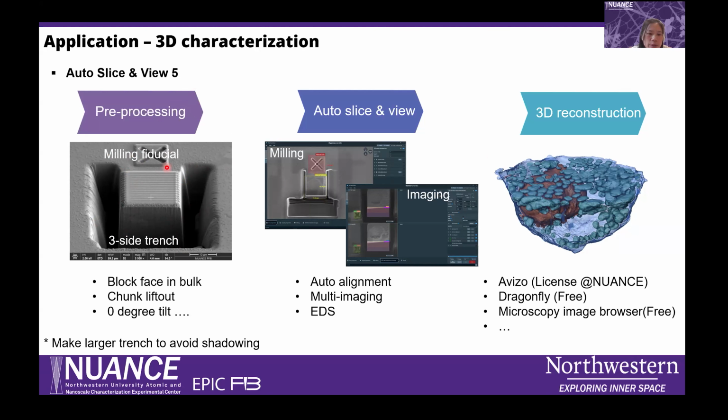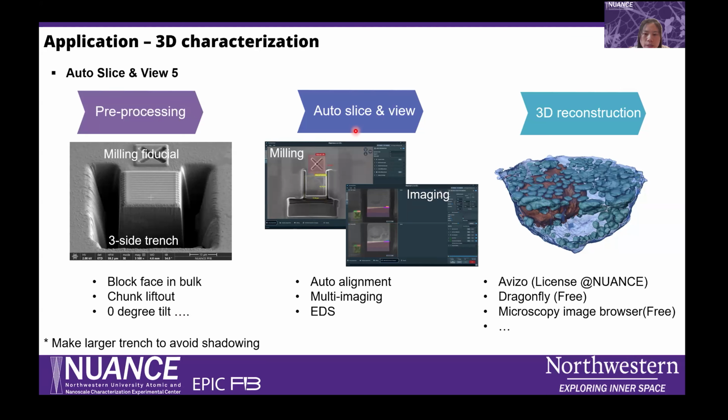There are several ways to do the 3D tomography: the block face in the bulk material, as shown in this image, and also chunk lift out, to lift out the whole bulk sample and move it to another substrate, and also 0-degree tilt, so you don't have to tilt to mill the sample.